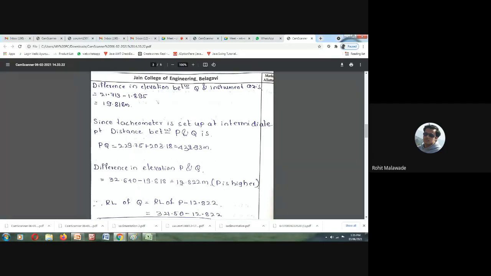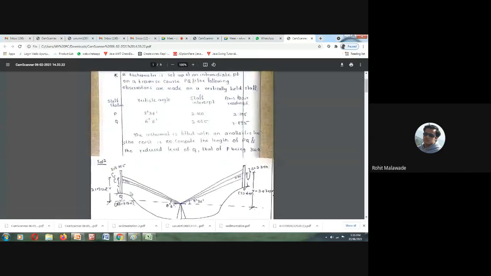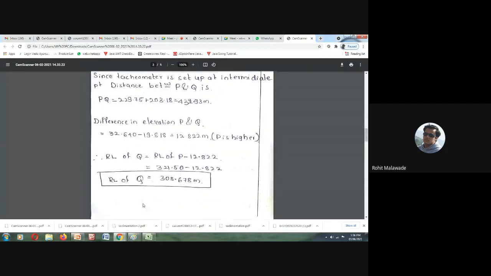Now what we want is the RL of Q. But how can we determine the RL of Q? We have the RL of P, which is already given to us. The RL of P is 321.50. If we reduce the difference between P and Q from 321.50, then we are going to get the value of Q. So that is what we have done over here.